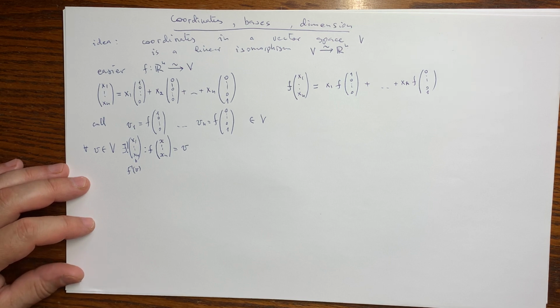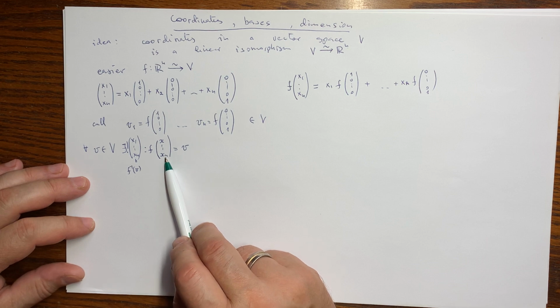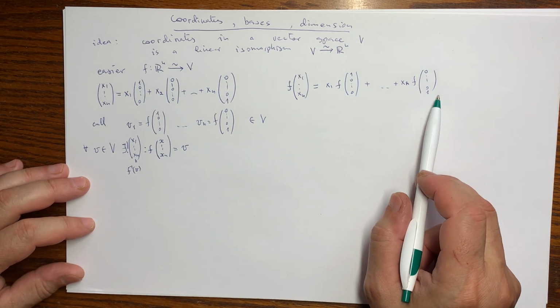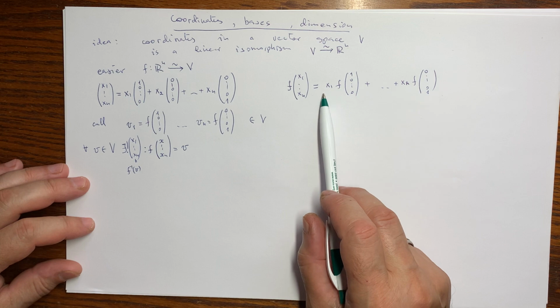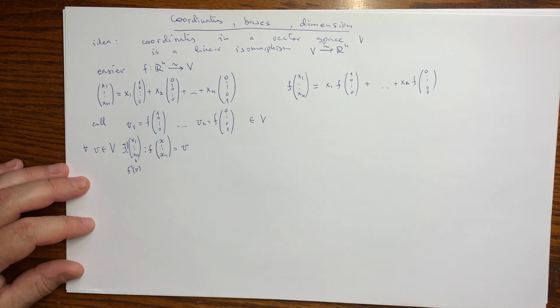Easy peasy. So what happens now is that any vector V can be written in this form and then expanded as a unique linear combination of these special vectors V1, ..., Vn.